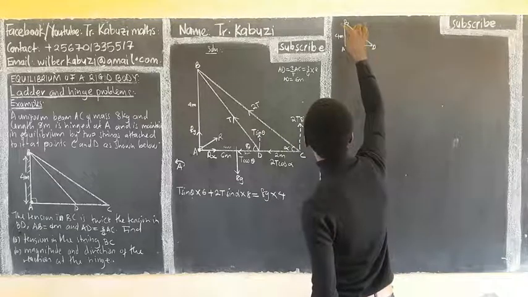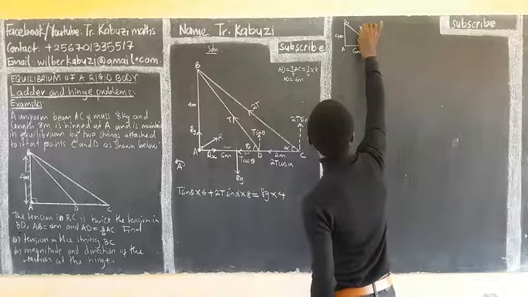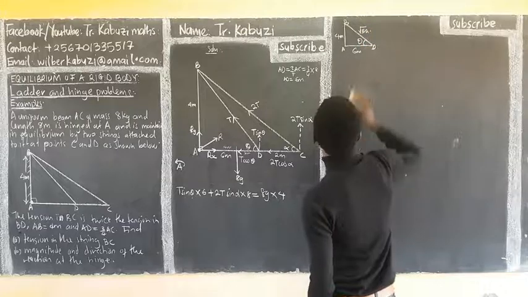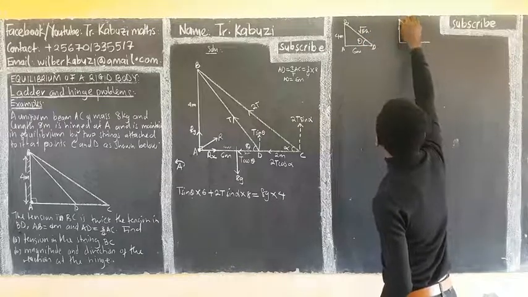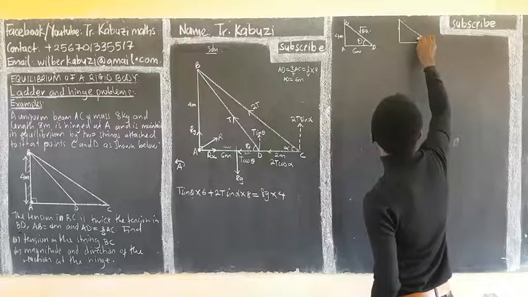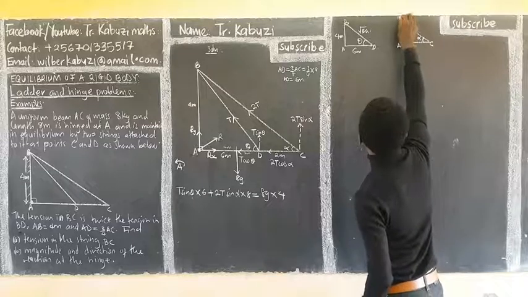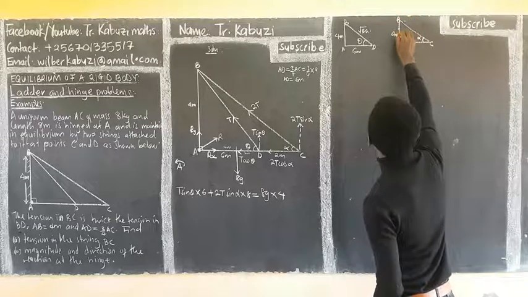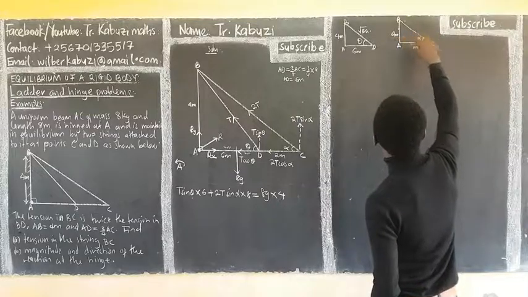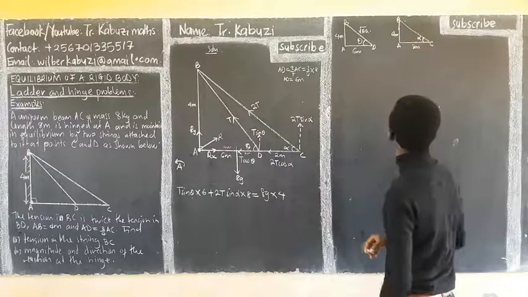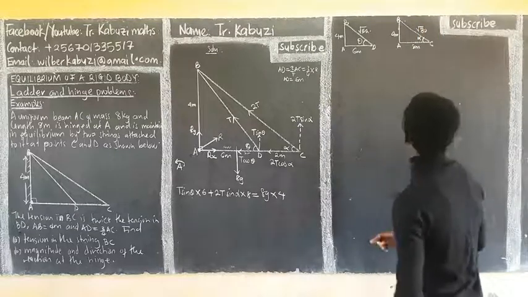This is 36 plus 16, that will give us 52, then the square root of 52. When I come now to the other one, which is alpha, I will have A, C, B. This is 4 meters, AC is 8 meters, then we shall get 16 plus 64, which will give us 80, then we get the square root of 80. So now I have that.